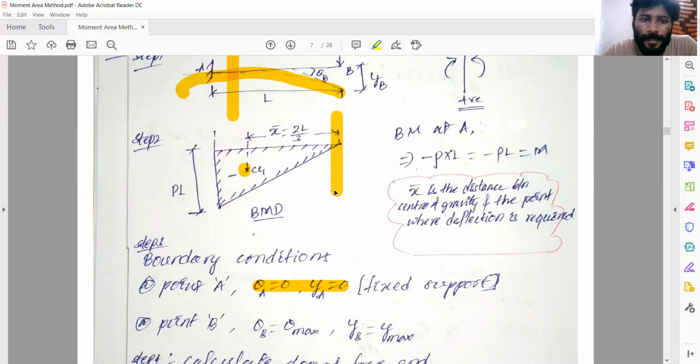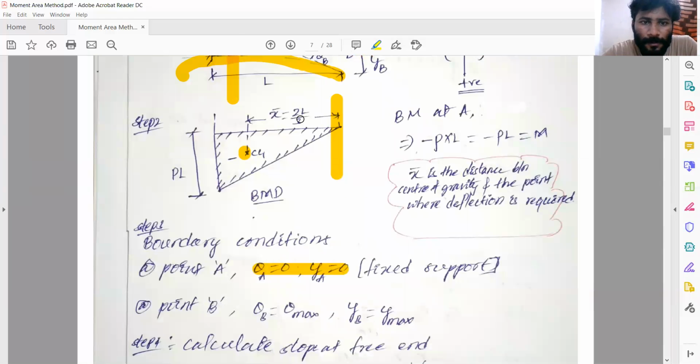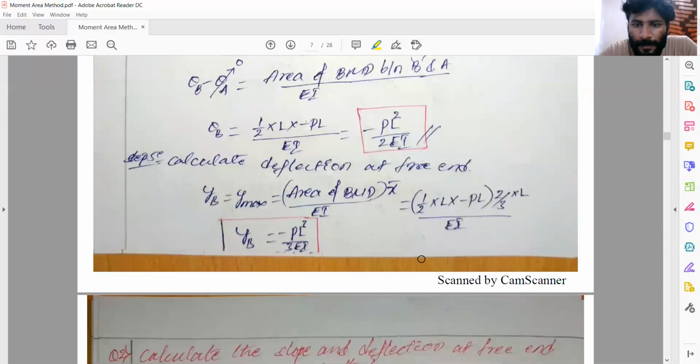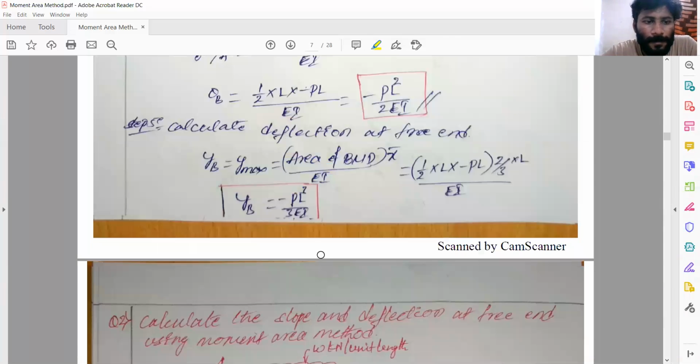Many students may have doubt, centroid to this side? No, we should not take to this side, because we are not calculating the deflection here. Wherever we are calculating the deflection, to that point we have to take the X bar value. So X bar is equal to 2 by 3 of L. Substitute, and finally YB is equal to minus PL cube by 3EI. So that's it for that problem.